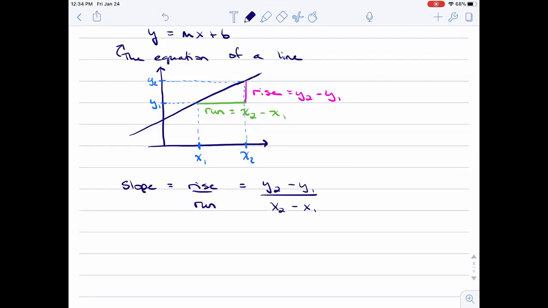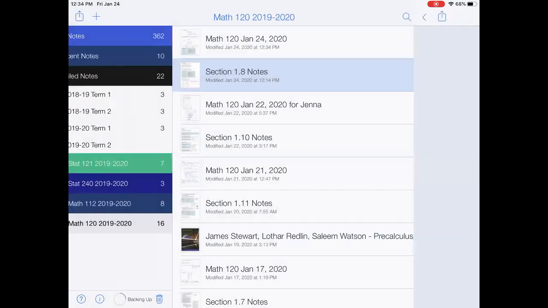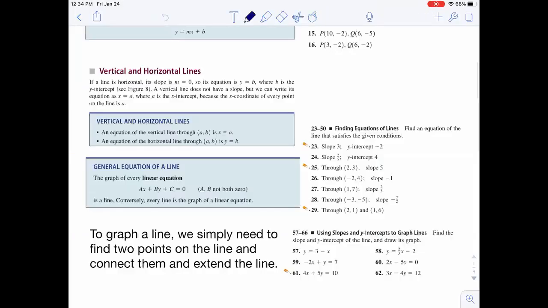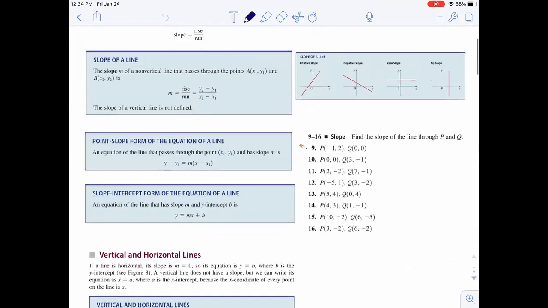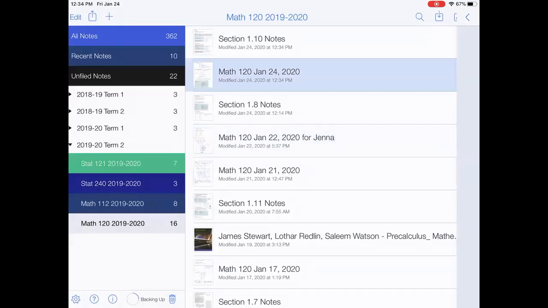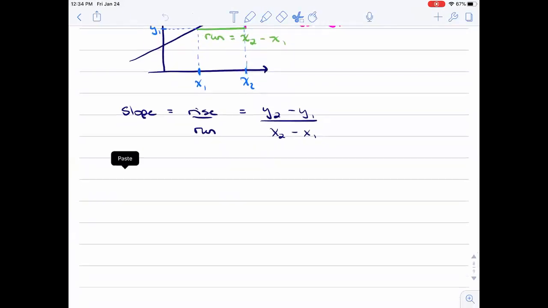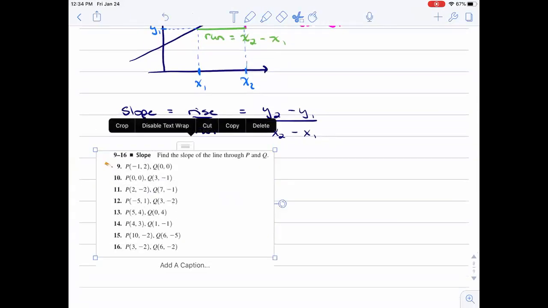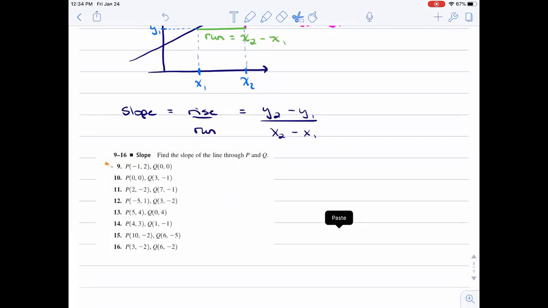And so if we have a look at the examples or the questions, not 1.8, but 110. One thing that we could do if we're given these points, and the P's and the Q's are just giving names to these points, but in general, a point is x comma y.